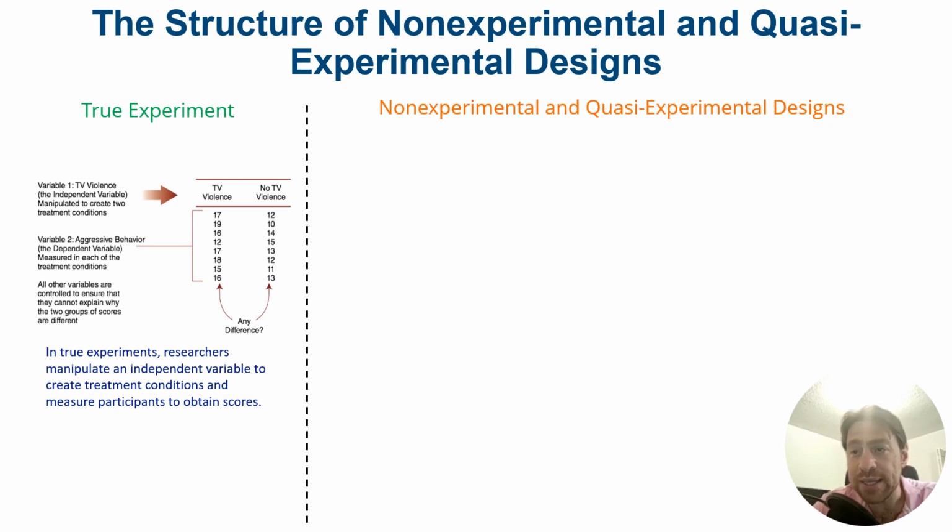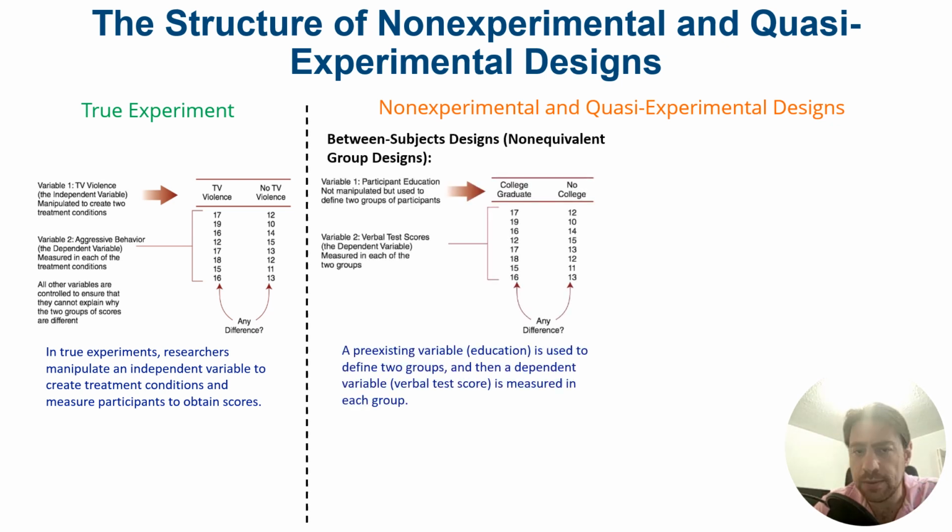So in this study, researchers manipulate the independent variable by assigning kids randomly to one of 2 conditions: watching violent television or watching nonviolent television. Then aggressive behavior is measured and compared between the 2 groups. And again, this is an example of a true experiment.